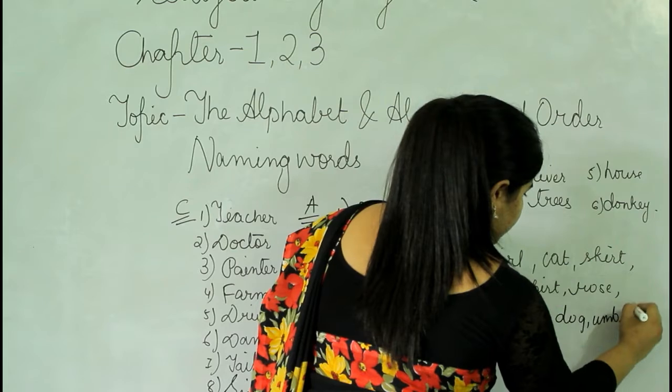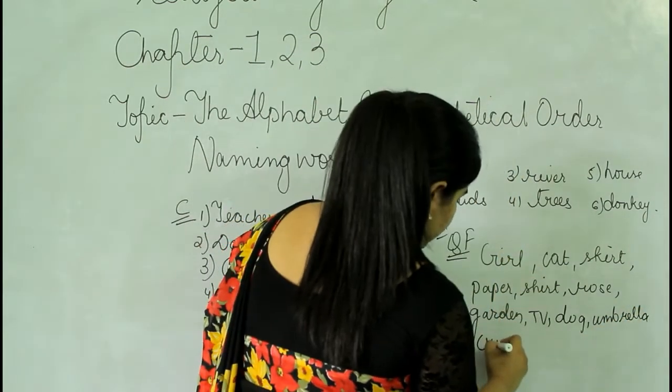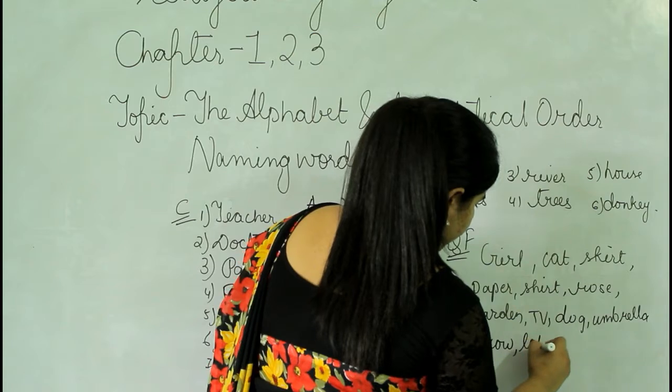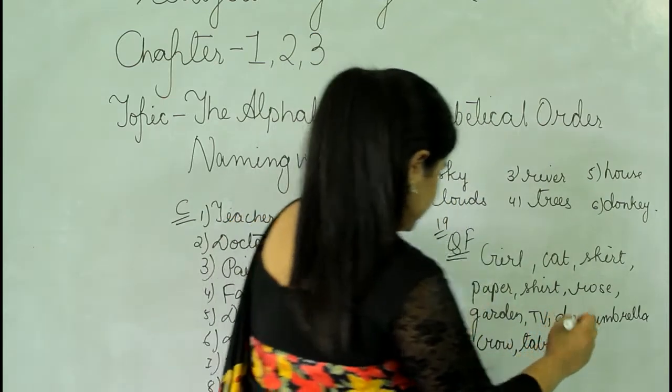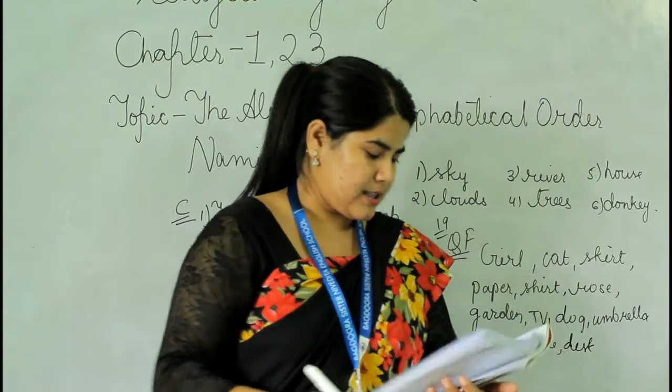In this way you have to circle all this, umbrella, then crow, then table, then desk. Alright, these all are the naming words, so circle all these.